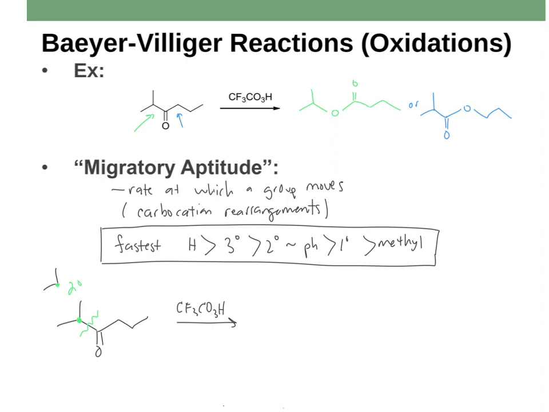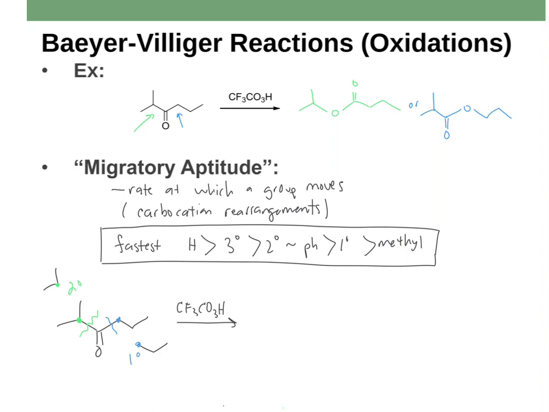And if I look at the group on the right-hand side, I'm going to cut that off right there, and that would just be this piece, where this blue carbon right here is this blue carbon right here. That's a primary carbon. That's a primary group. And again, I know it looks secondary on the ketone, but we're talking about it as a group separate from the ketone.